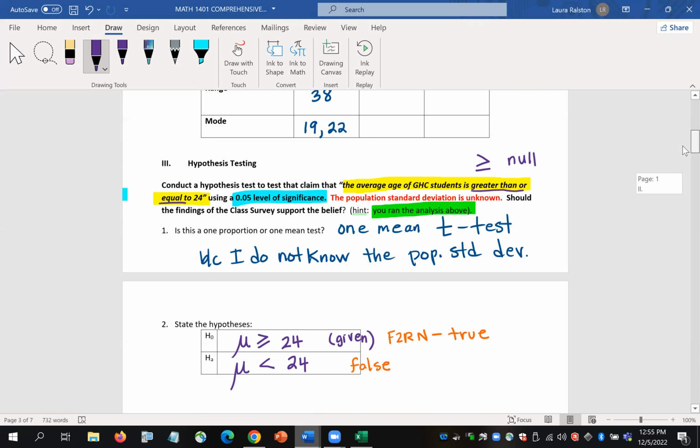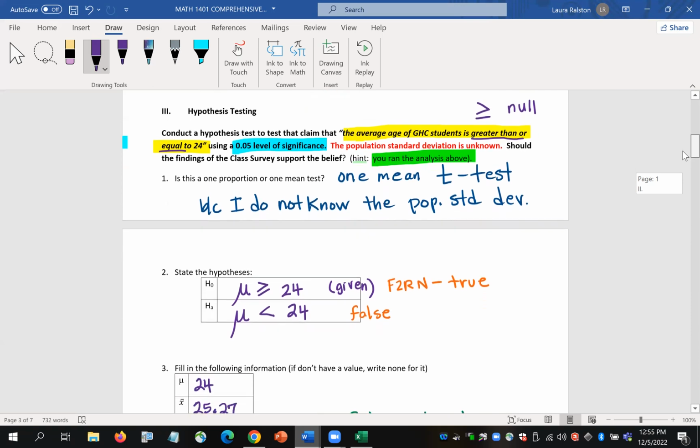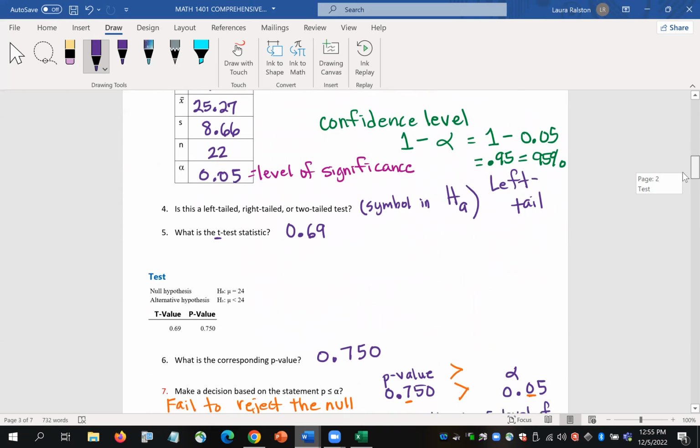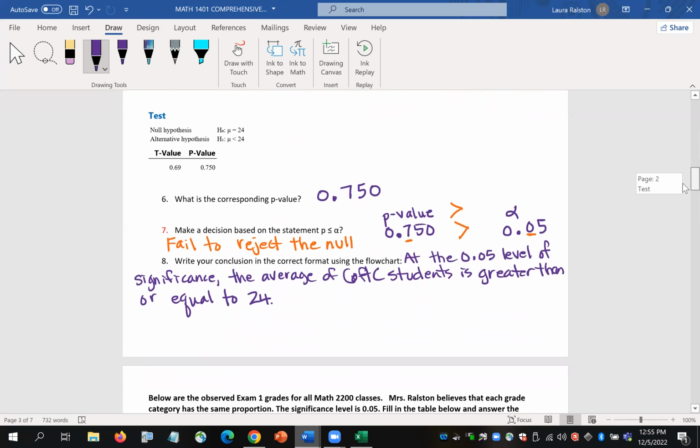The process has not changed. What has changed throughout the semester is which test statistic you are calculating. Questions on that particular scenario or that particular hypothesis test?